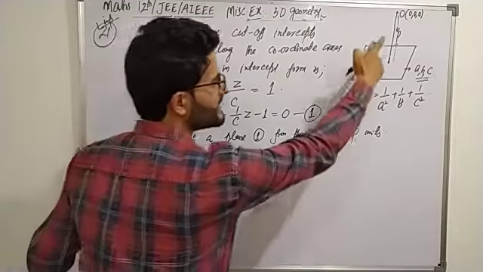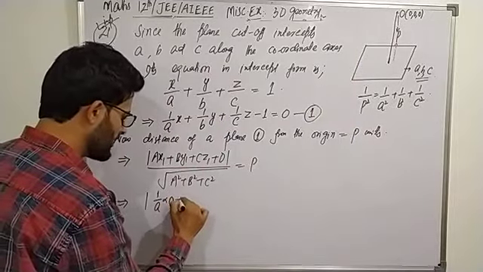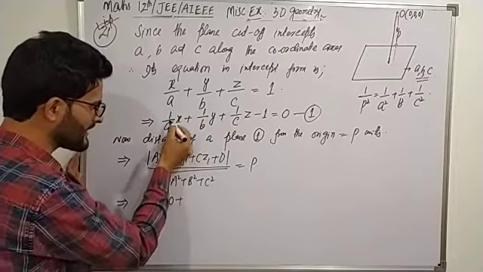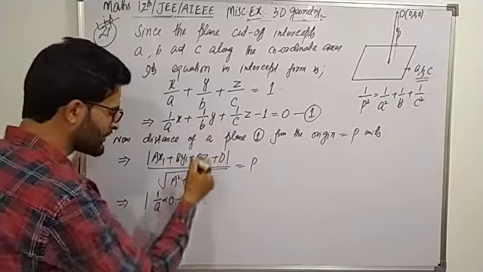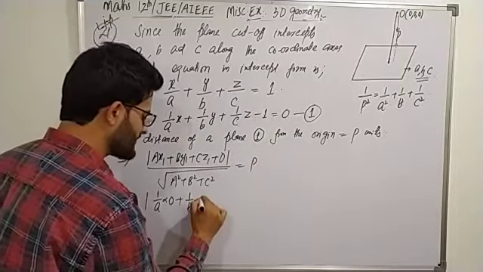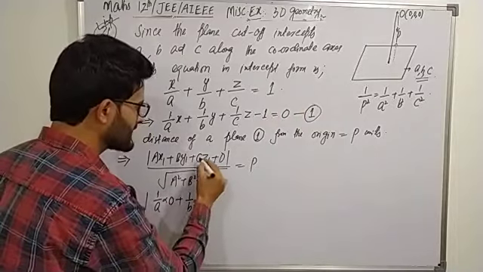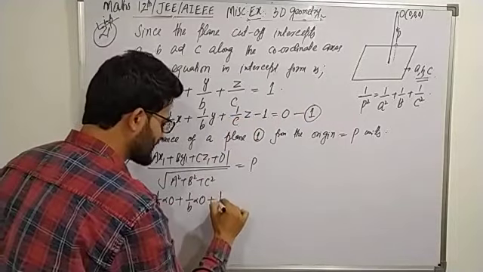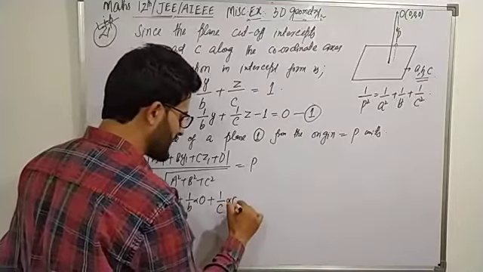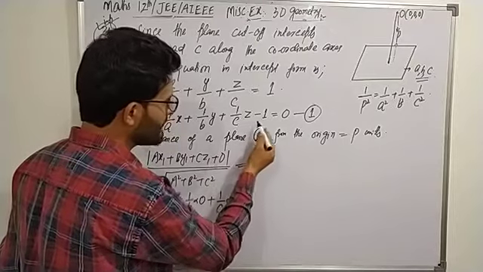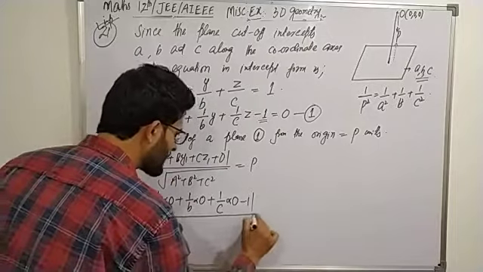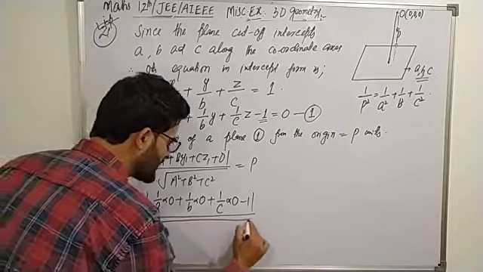Origin has the coordinates 0, 0, 0, so 0, plus the second direction ratio 1 by b, into y1, which is 0, plus the third direction ratio 1 by c, into z1, which is 0, and plus d, whose value here is minus 1, divided by square root of a square plus b square plus c square.